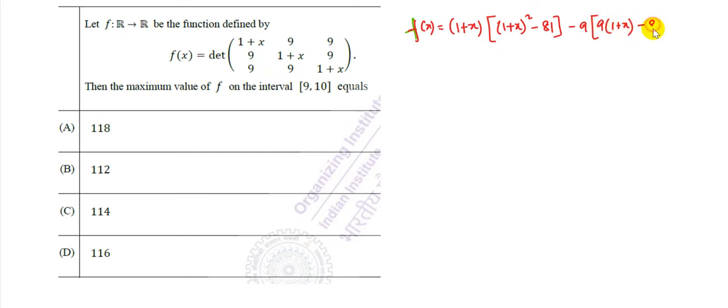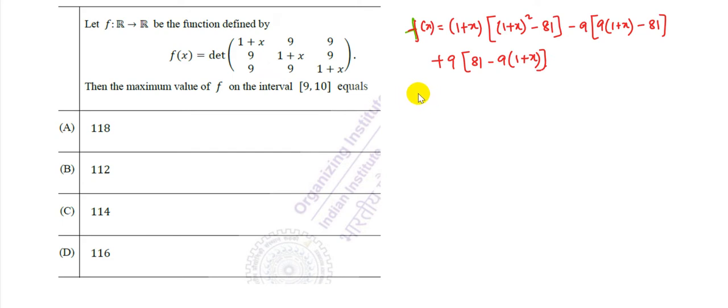minus 81 plus 9 into 81 minus 9 into 1 plus x.